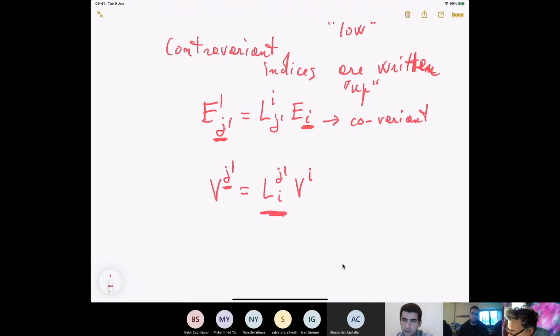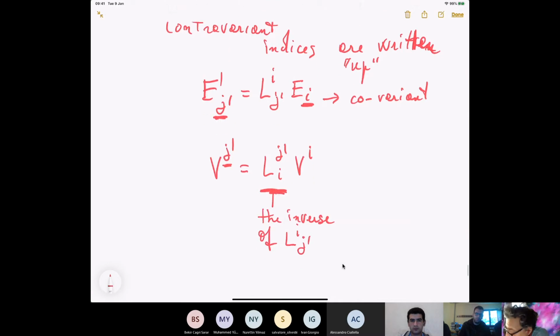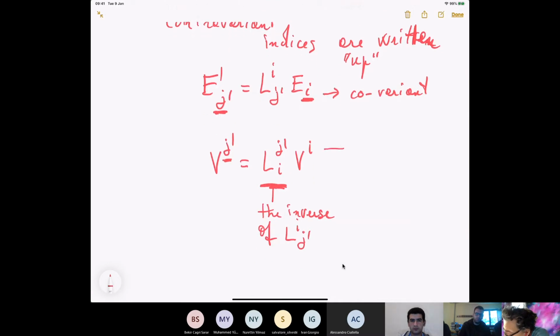Remark that this is the inverse of L_i j'. Okay. Upper indices are contravariant.